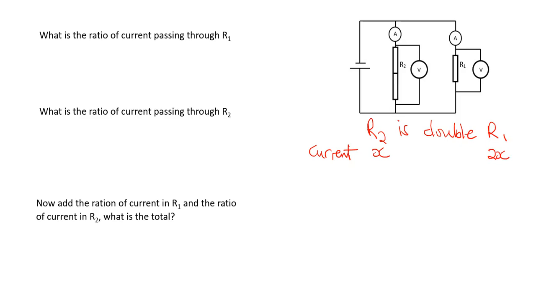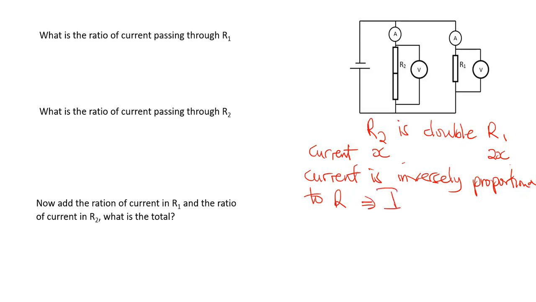Because the reason is, current is inversely proportional to resistor, which means I is equal to 1 over resistor.